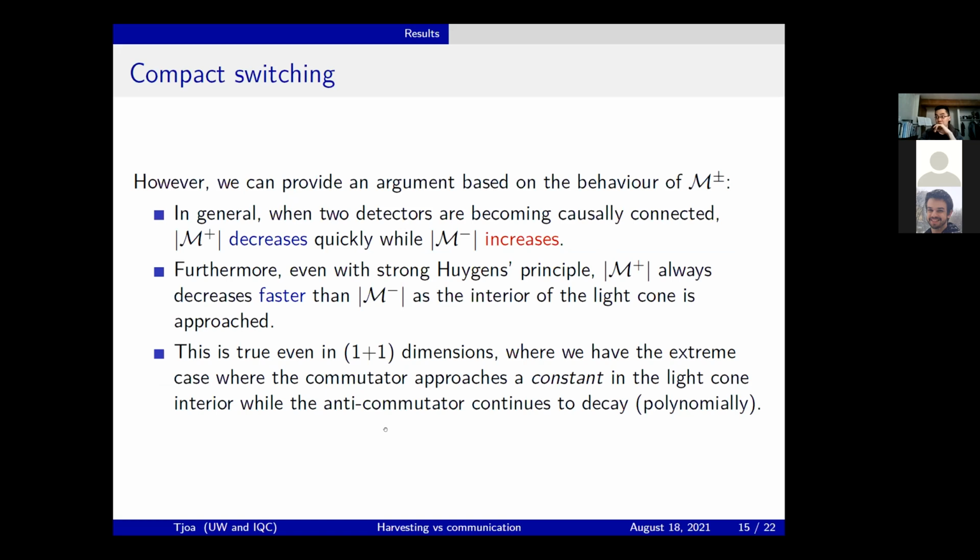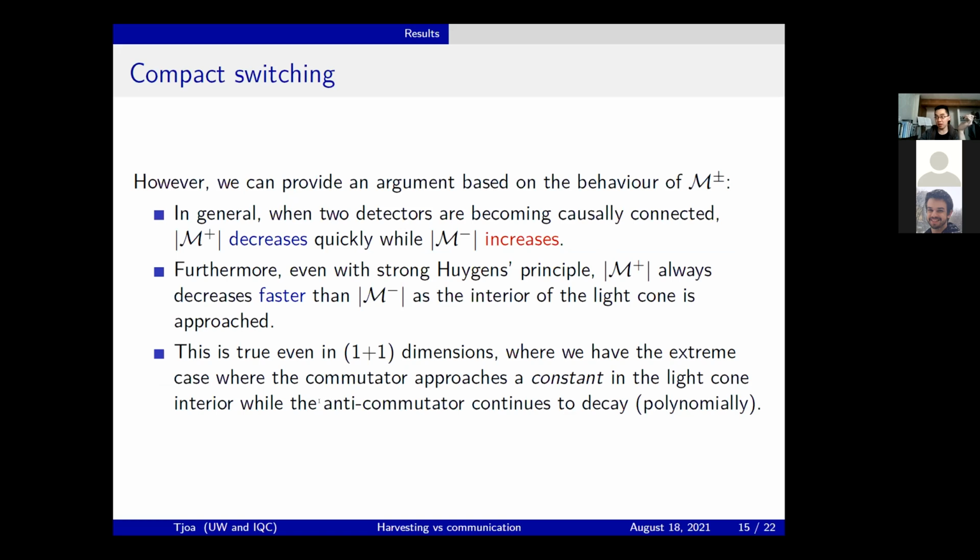While the anti-commutator still has an extra polynomial decay coming from the Hadamard part, from the anti-commutator piece itself. So if you are using compact switching, which typically has polynomial tails in the Fourier transform, then in 1+1 the commutator part adds no extra polynomial power, but the anti-commutator part adds extra powers to the polynomial.